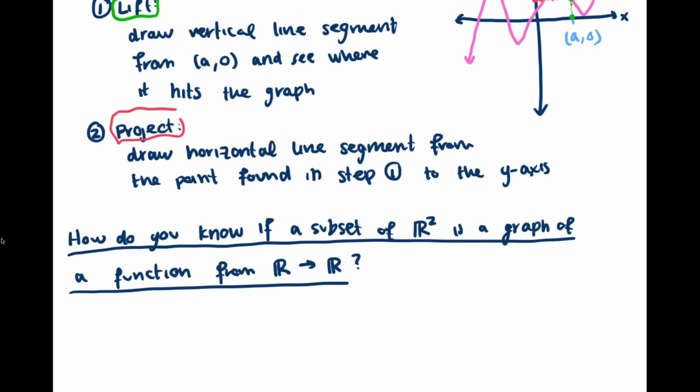So all we really know about functions is that they have to take any input from their domain and output one value in the codomain. And that's really the only restriction that we have on what a graph can look like. So we know that every input has one output.